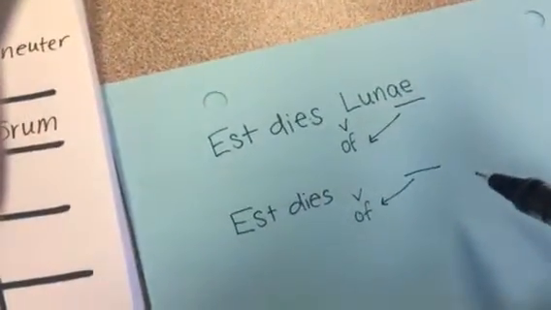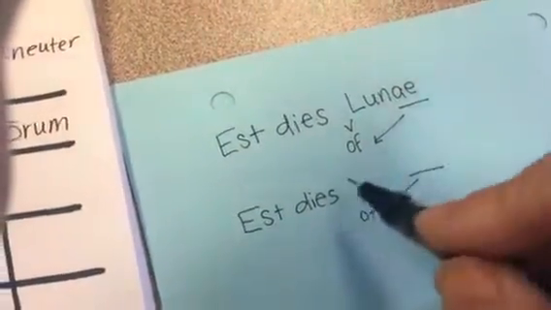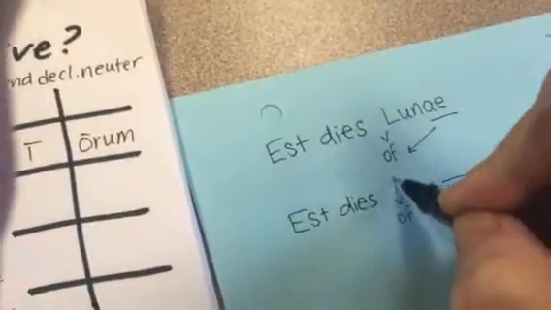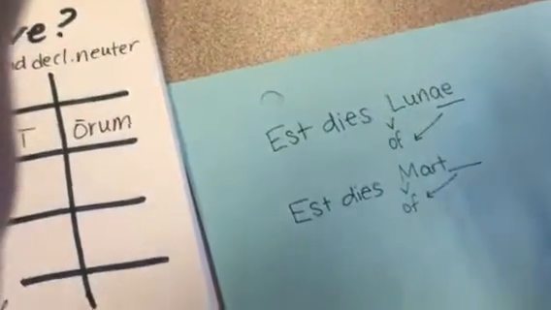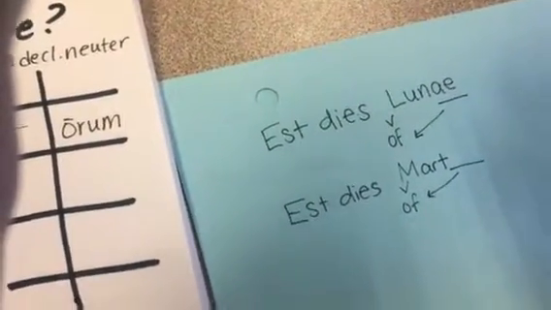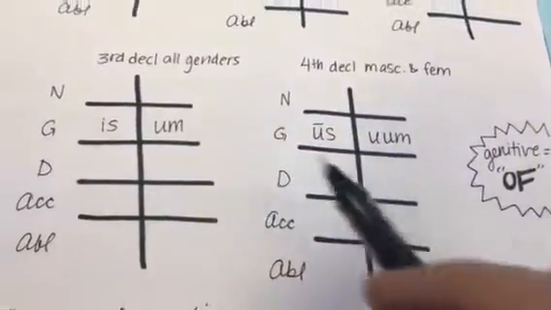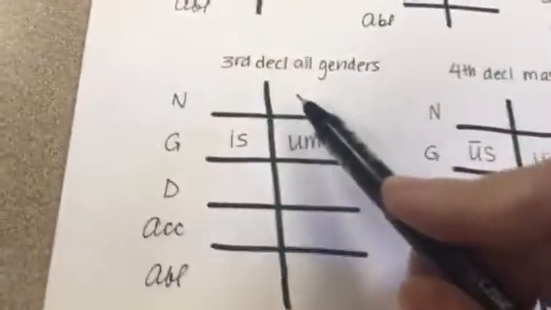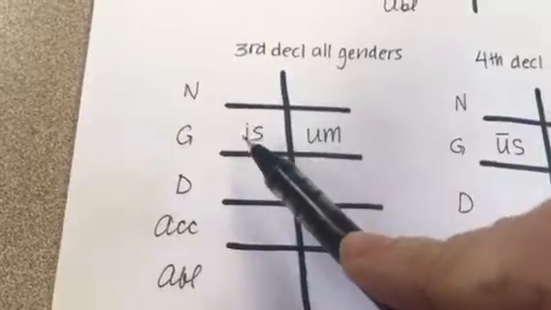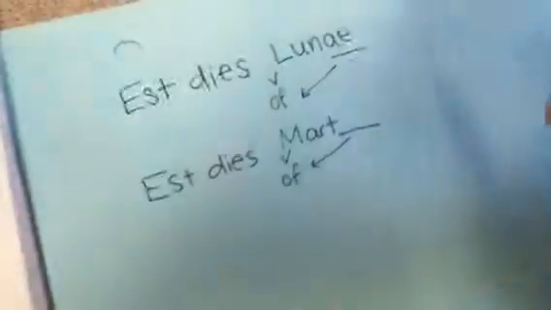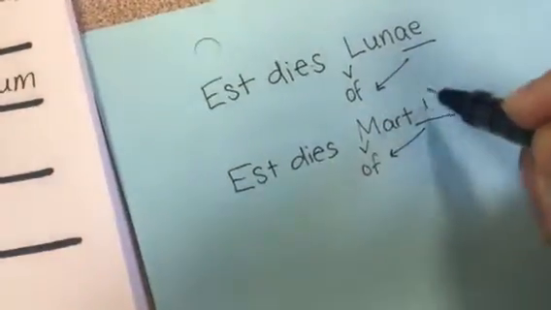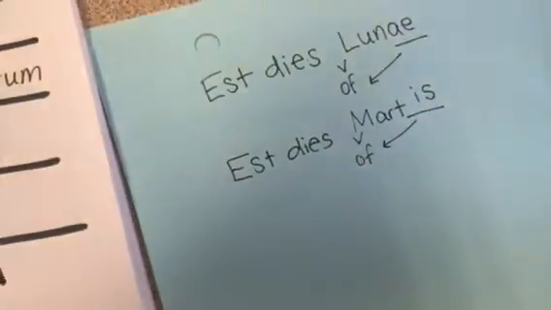Oops, sorry, I kind of moved the camera. So, we want to say it is the day of Mars. Our stem is Mart. Now, Mars Martis is third declension. So now we're going to go over to our third declension chart. All genders follow this, and the genitive ending for the singular is is. So it is the day of Mars. We're going to write est dies Martis.